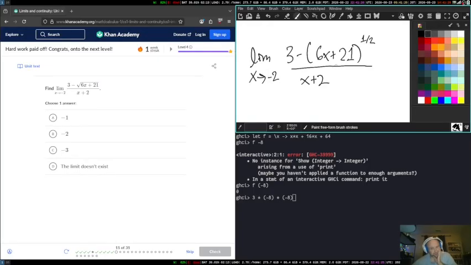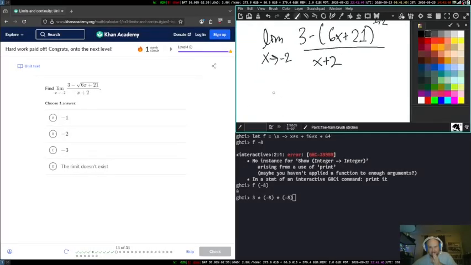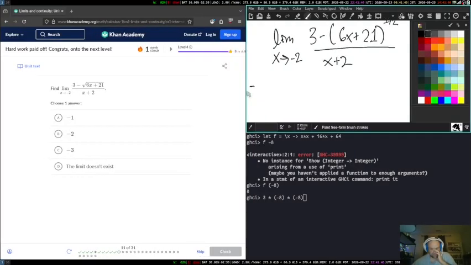Oh no, we're going to get an infinite fraction issue, aren't we? Let's just try it.